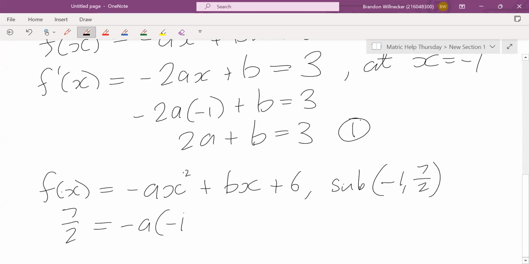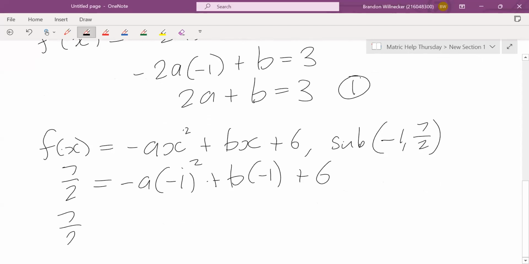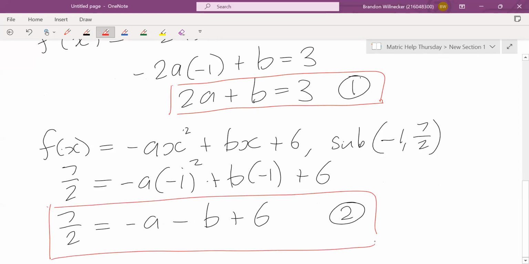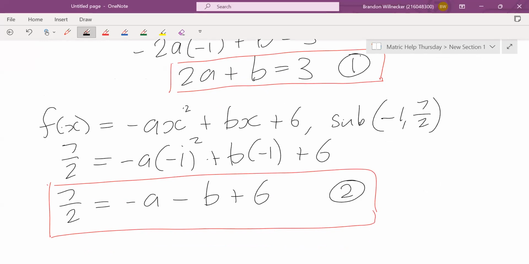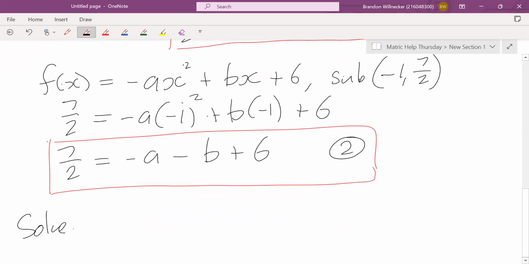So we have minus a times minus 1 squared plus b times minus 1 plus 6. So we have 7/2 is equal to minus a minus b plus 6. And we can use this as our equation 2. So we've got equation 1 in terms of a and b, and equation 2 in terms of a and b. That means we can use simultaneous equations to solve this. So we can solve this simultaneously.